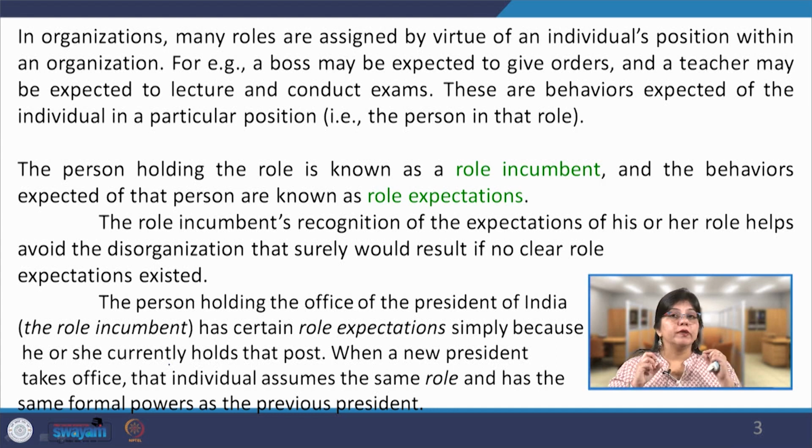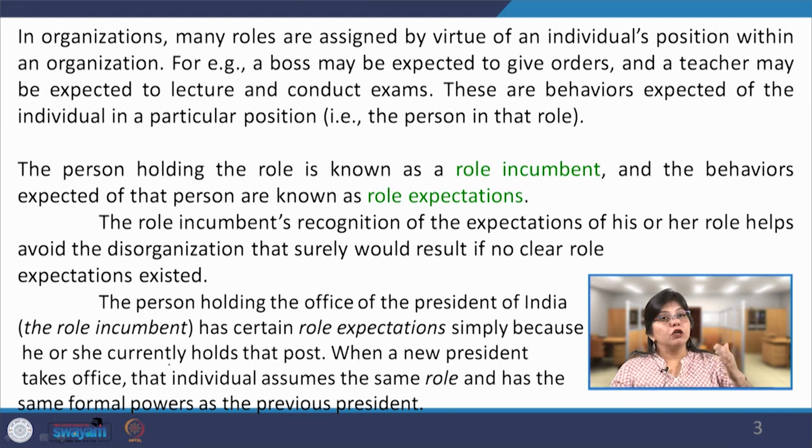A person who has the expertise and knowledge to perform a specific task or certain behaviors in a specific situation is assigned that role, and the person holding that role, that position, is known as the role incumbent, and every role incumbent is expected to behave in a specific manner. So, that expectation to perform certain behaviors in a specific way is termed role expectation.